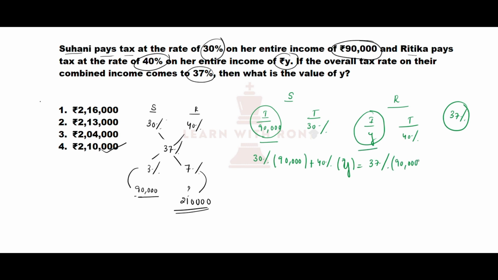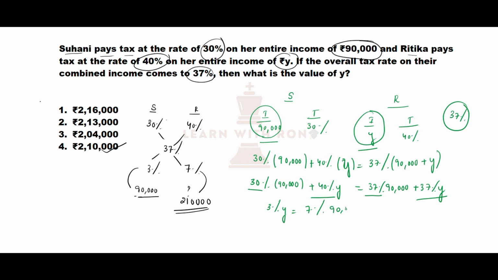90,000 plus Y. So if I get one more step, 30% of 90,000 plus 40% of Y implies 37% of 90,000 plus 37% of Y. See here, 40% of Y minus 37% of Y means 3% of Y. 37% minus 30% means 7% of 90,000.